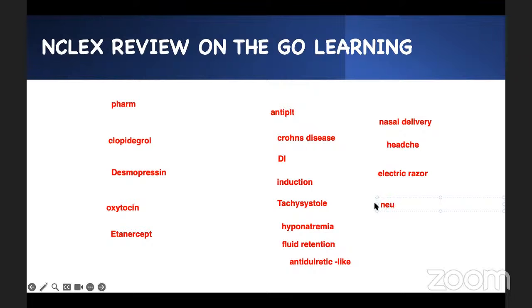Neutropenic precaution. This is what we call endogoal lining. I'm trying to see if you guys remember, you see these medications, what do you see?